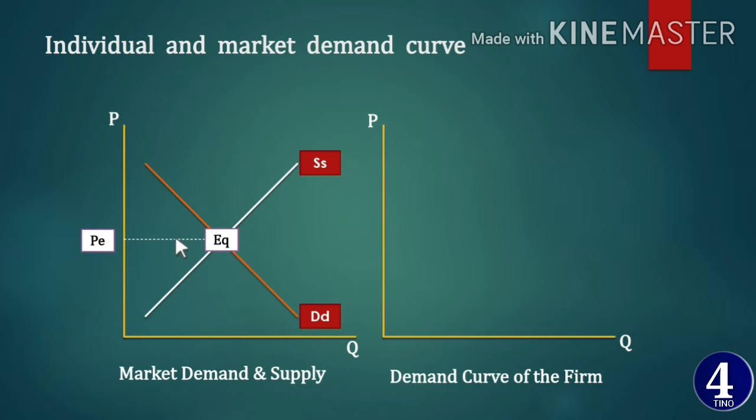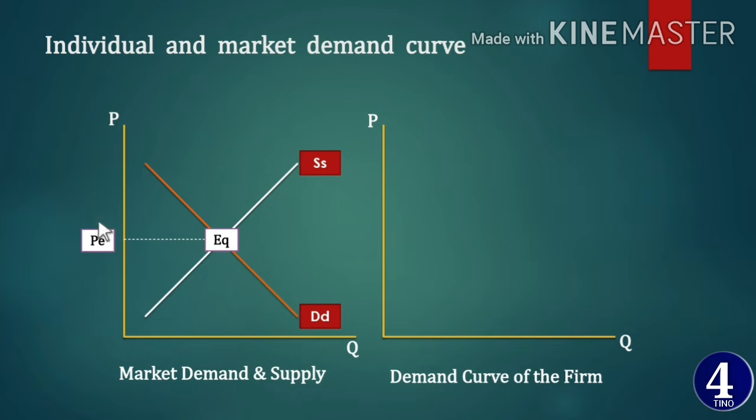Now this is the price, which means that every seller in the market must accept this price. So now, do you get the answer to the question which said, who determines the price? In a perfectly competitive market, the market demand and the market supply will determine the price.